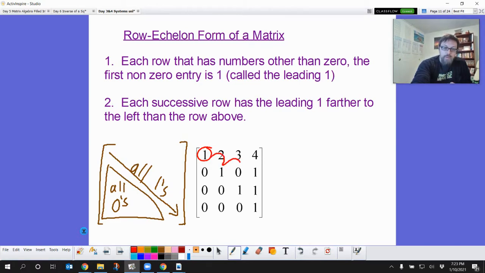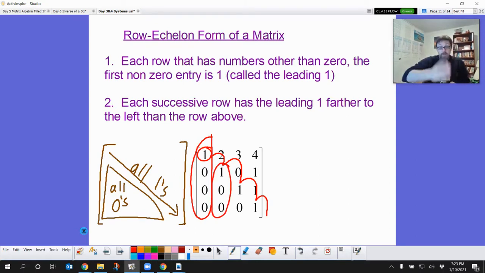You walk your way down the stairs. So you take care of this whole column first, get that to be a 1 and zeros below it. Then you move down the staircase and you take care of this one and get zeros below it. And then you can move down to the next part of the staircase, get a 1 right there and zeros below it. You don't care about what's going on above the staircase, just working your way down the staircase. That gets you in row echelon form.